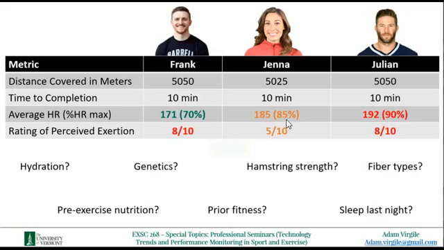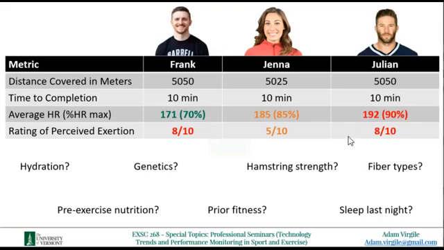And now, when you're comparing, let's say, Frank, his RPE response relative to his heart rate response and the distance covered, one insight that you might make is, well, Frank was trying really hard, and he's just really, really darn fit. So that's why his heart rate response was lower. Whereas Julian, maybe he's not as fit as Frank, so they run the same distance in the same amount of time.